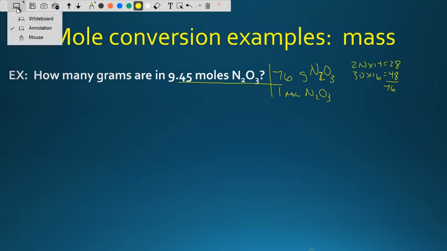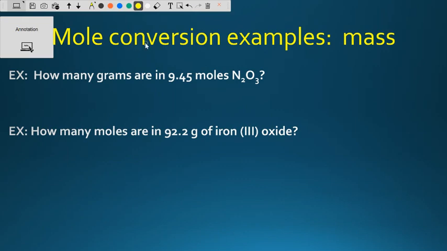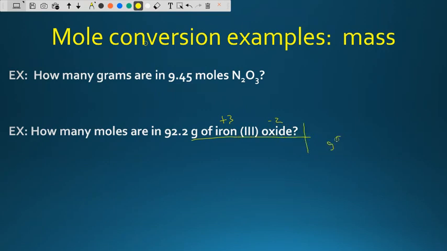Okay, now let's take a look at another example, and we're going the other direction with it. Now remember, I've thrown in an example of a Roman numeral. That Roman numeral tells me the charge of the iron. So the Roman numeral 3 means that I have a charge of +3 and oxygen's -2. So I'm going to convert the other way and go grams of iron 3 oxide. Remember, swap, drop, reduce.